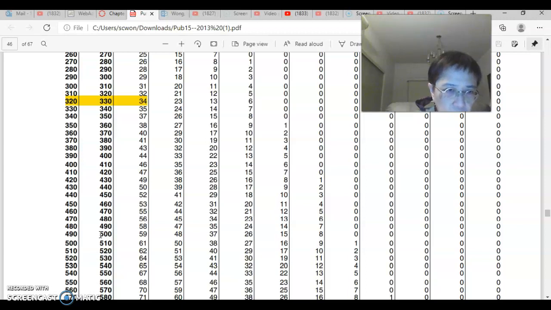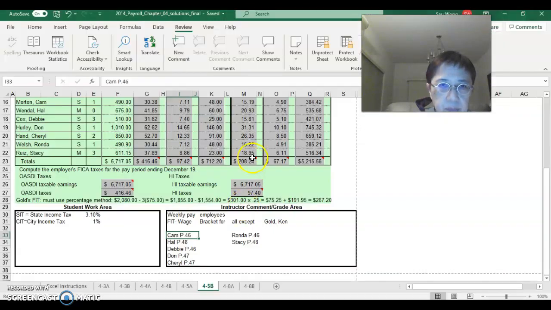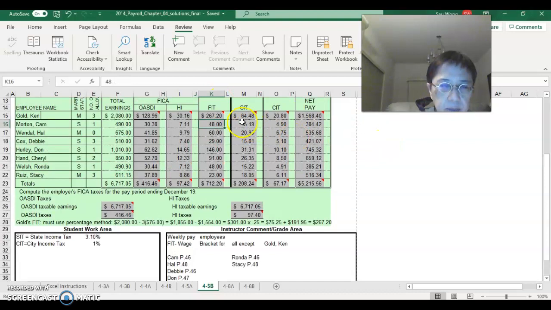And he is single with one withholding allowance, so it's $48. So here is $48 for the federal income tax withholding. And Hal is married with 0 withholding.